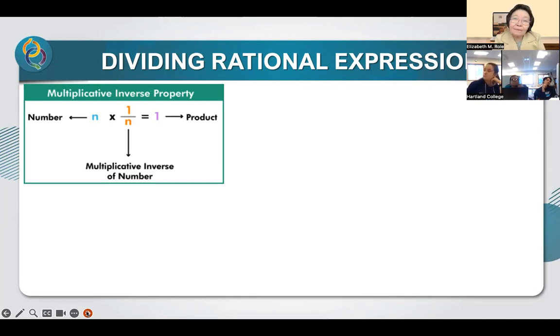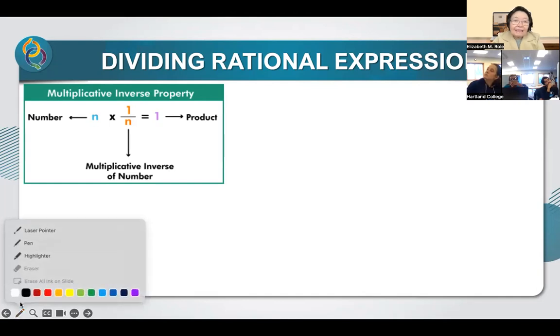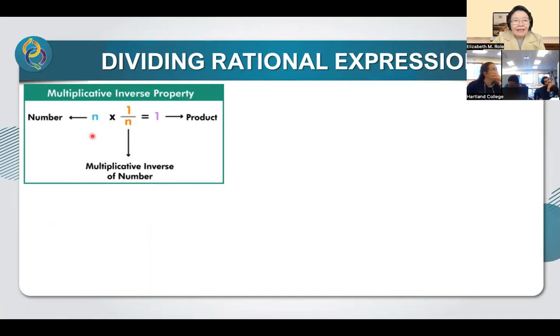And now there's this multiplicative inverse property that we learned when we were starting our discussion here in class, where if you multiply a number by something and the product is equal to 1, then we say that this value is a multiplicative inverse.